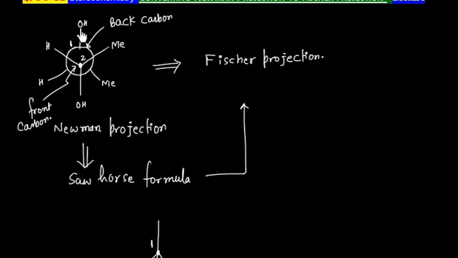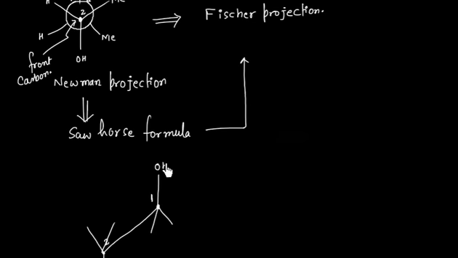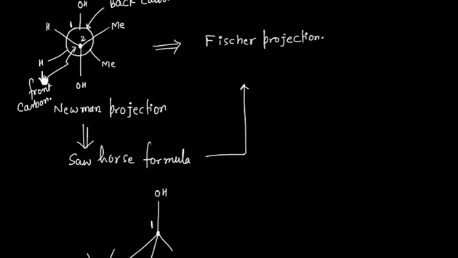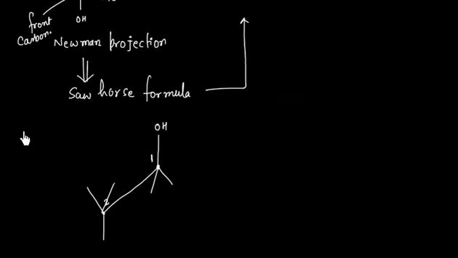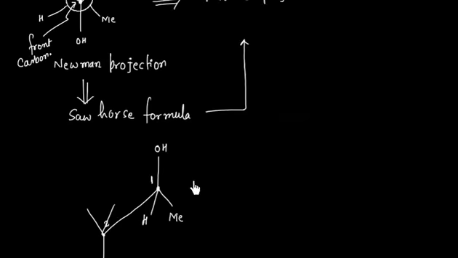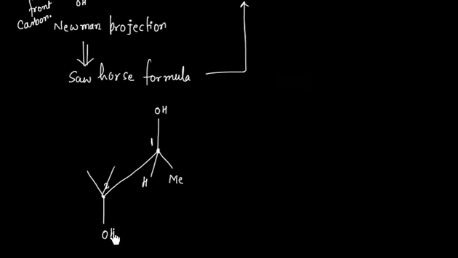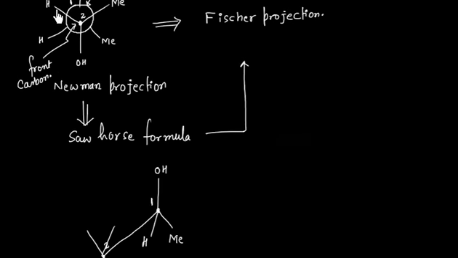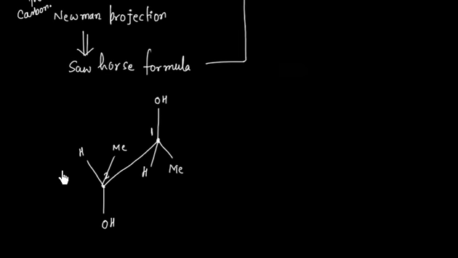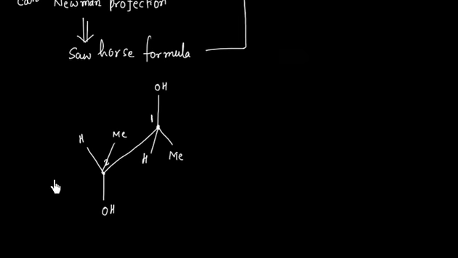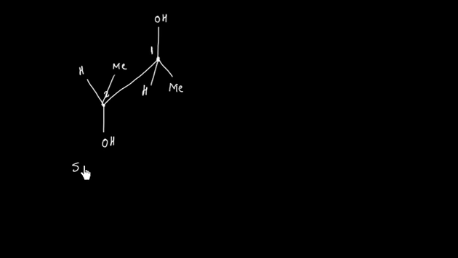On the back carbon we have the OH group on the top, and the hydrogen on the left side, methyl on the right side. So we have a hydrogen here, methyl here. And now on the front carbon we have the OH group on the downside, H on the left side and methyl on the right side. So we have converted this Newman projection to Sawhorse formula.